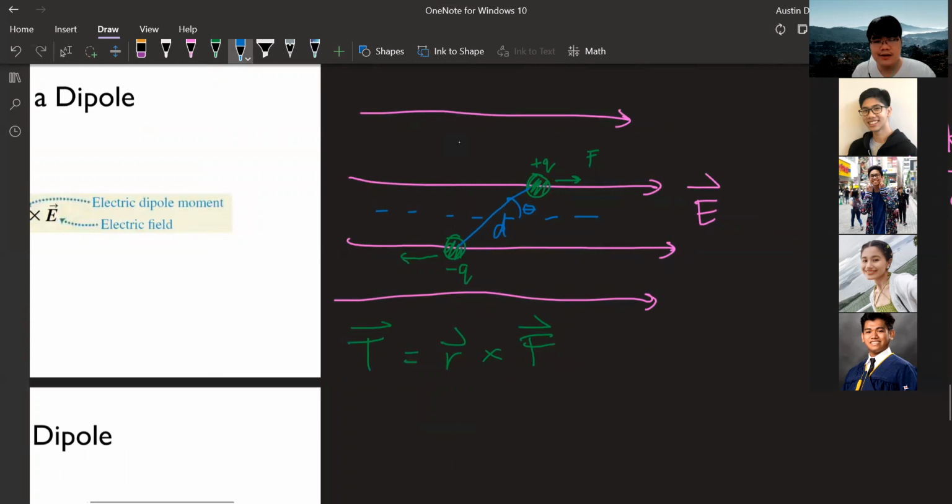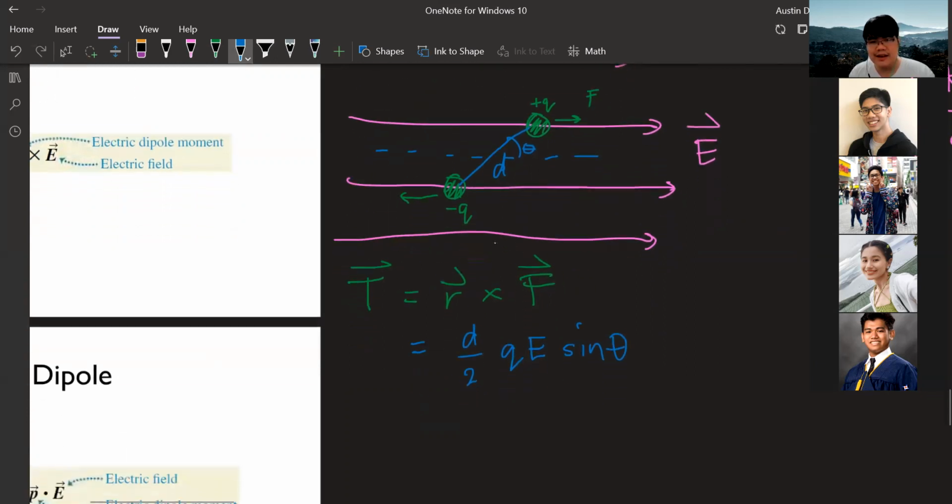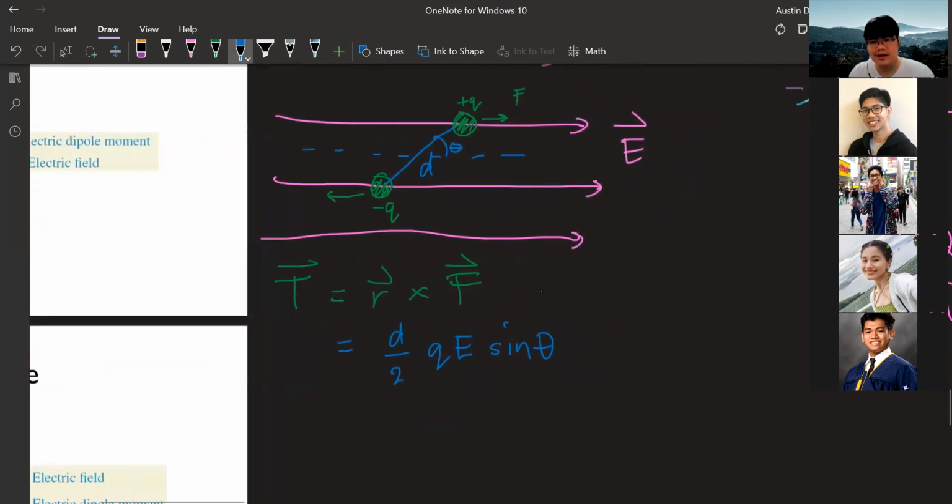So let's try to do this R cross F. Okay, so yung R cross F, kunwari, hinati ko sa gitna yung D. So that's D over 2. Tapos yung F ko would be QE, tapos sine theta. Okay, so yung sine theta nanggaling siya sa cross product.